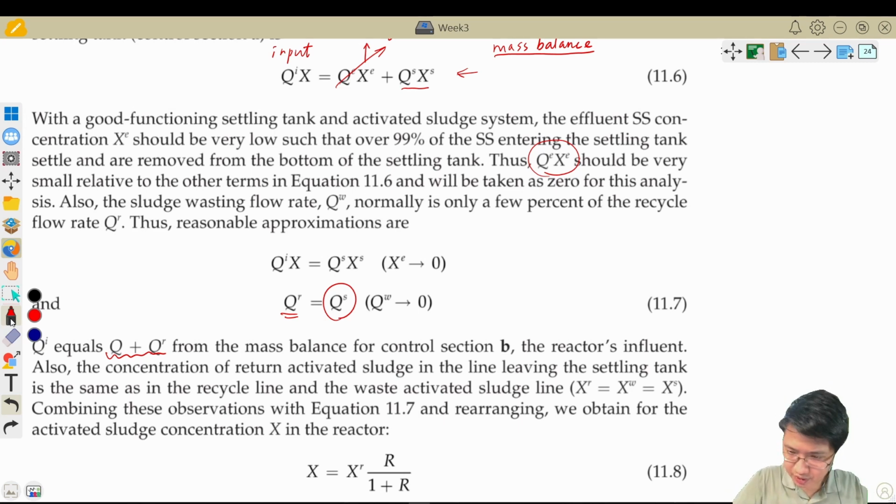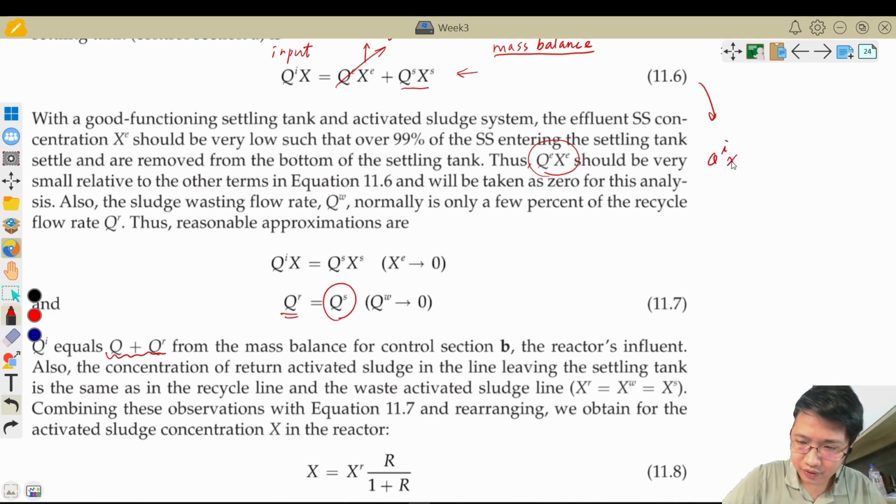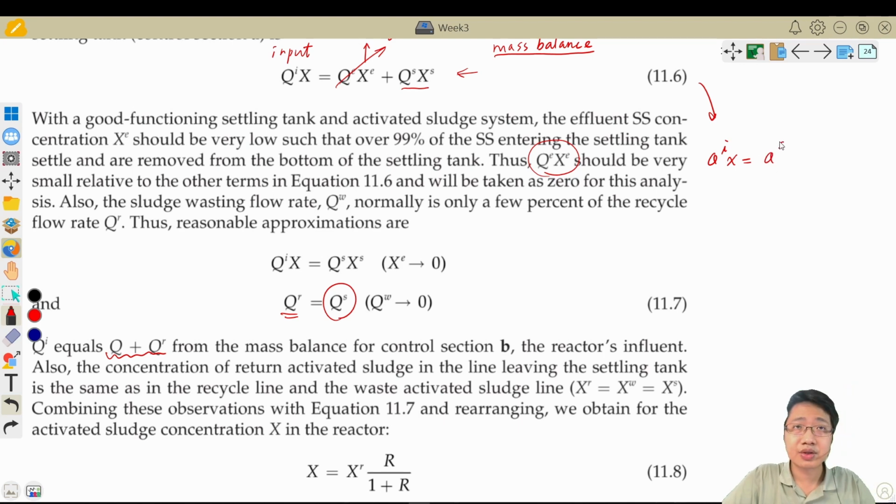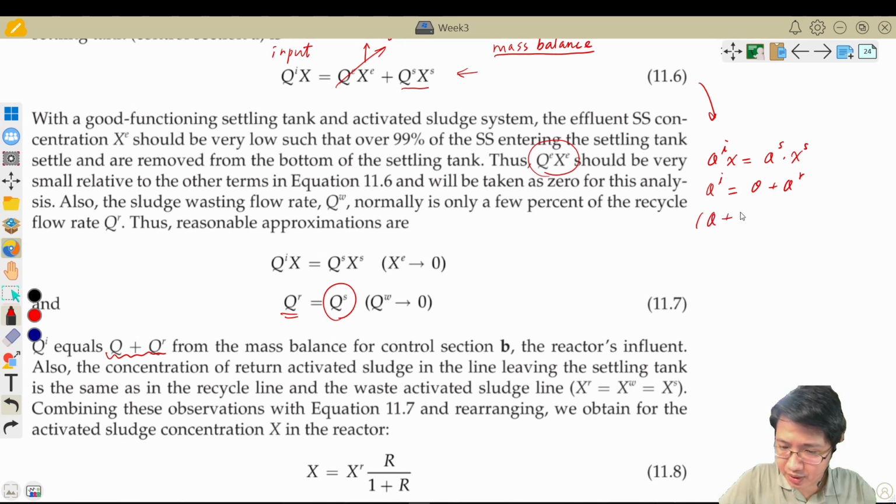From equation 11.6, we got Qi times X equals QS times XS, and because Qi equals Q plus QR, we got Q plus QR times X equals QR times XS.